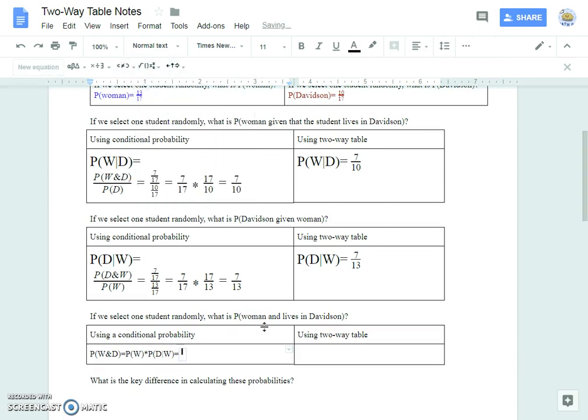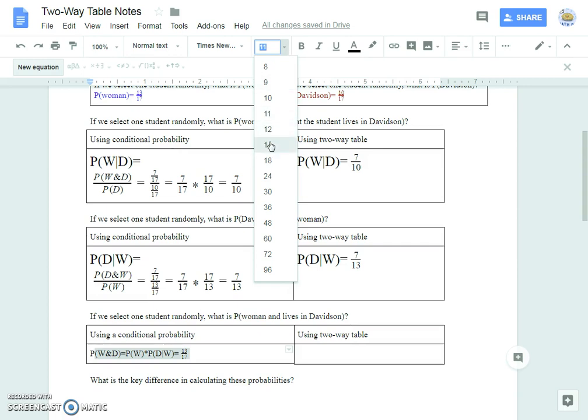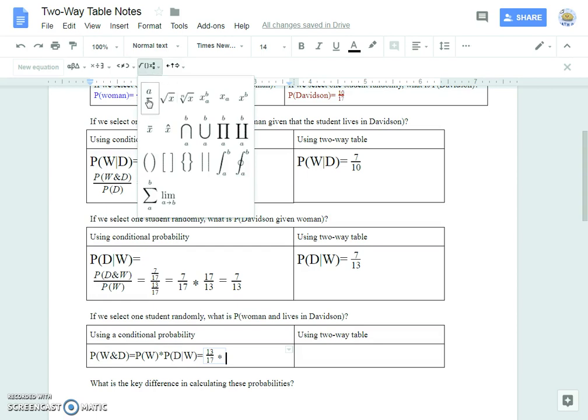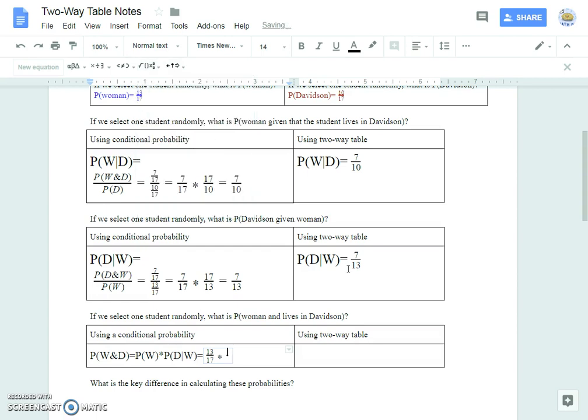That was 13 out of 17. Let's make this a little larger. Then times our conditional probability of Davidson given woman, which we just calculated to be 7 out of 13.